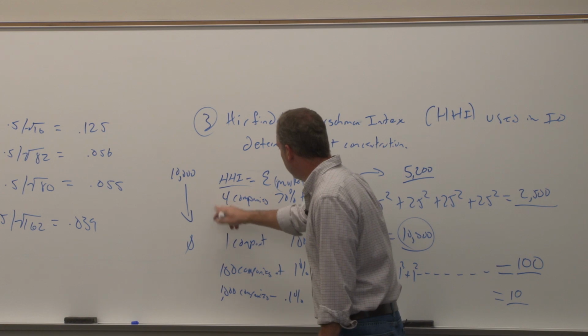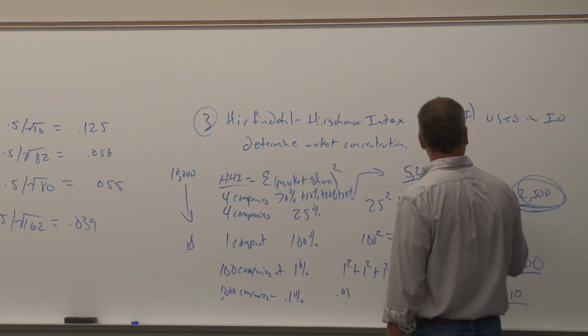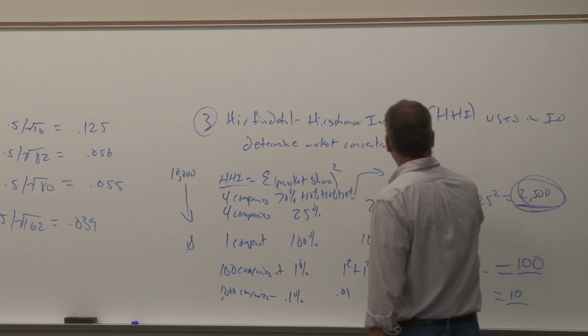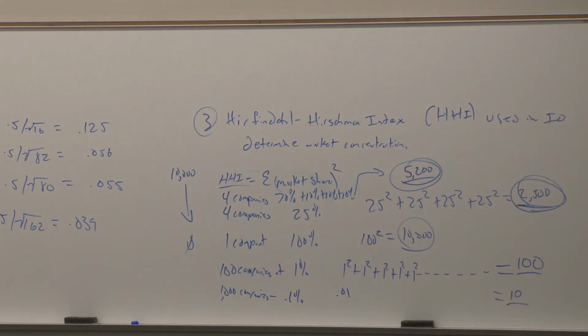Same 4 companies. Here, you've got an HHI of 2,500. Here, you've got an HHI of 5,200, simply because one of the companies has a whole lot more market share. Or you could have 4 companies, one has 90, the other 3 have 3.33%. It can be anything.